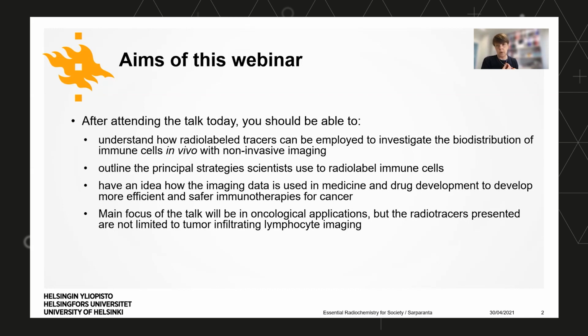You can think of a host of other applications where they can be used, the most topical one of those being COVID-19 imaging, also imaging of organ transplantation and the associated graft versus host disease, and then all kinds of immunological autoimmune diseases, such as MS, for example, have imageable components that can be addressed using the tracers that I'm going to present.